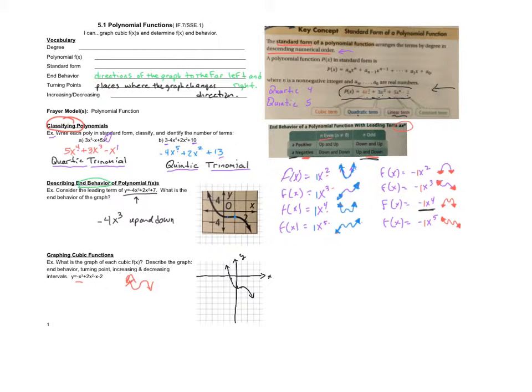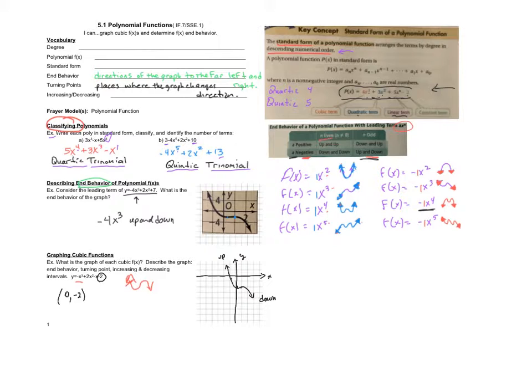I was able to find a y-intercept. So I know I have 0, -2. We have end behavior again, which is going to be up, down. And looking at this, where is it increasing and decreasing?